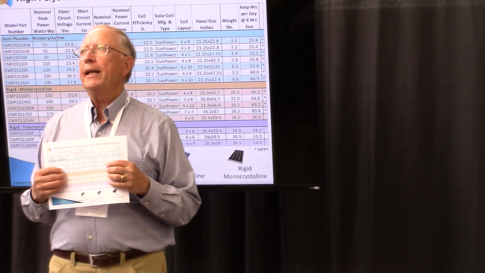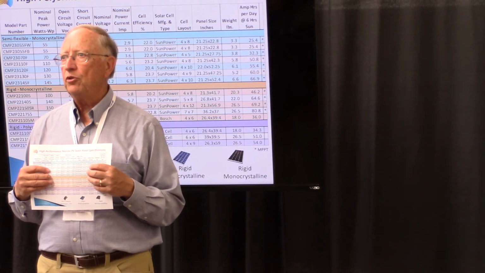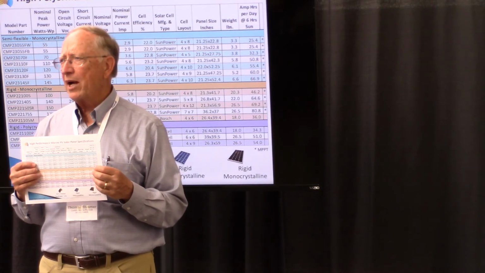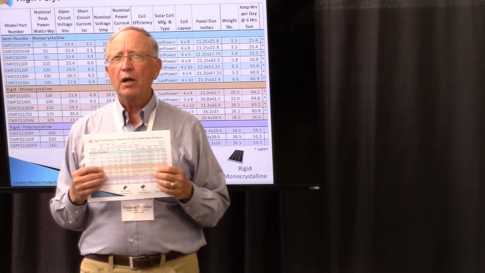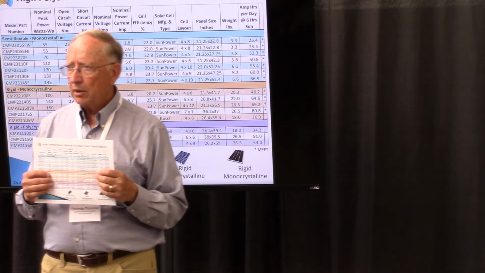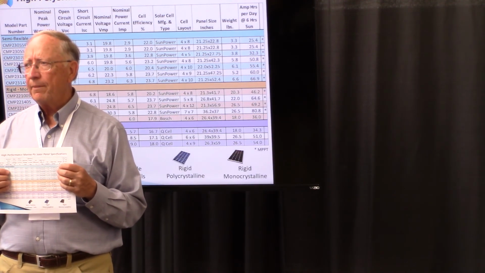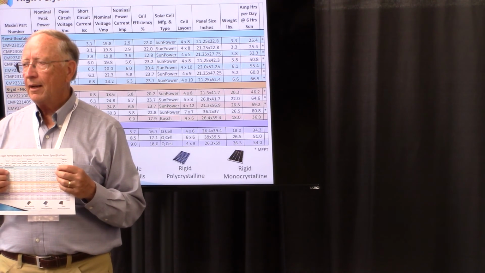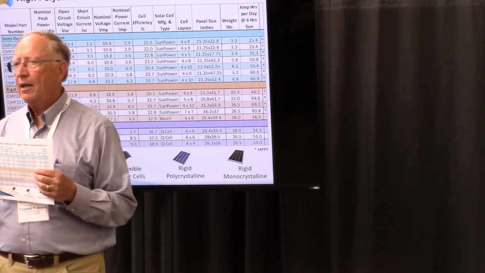I'll give you a feel for it. If you bought a flexible panel on Amazon, for example, you could get a 100 watt panel at about $2 to $3 a watt. Our panels are roughly $4 to $5 a watt as marine panels. I've seen them on the web at $10 to $12 a watt. So the price varies tremendously.